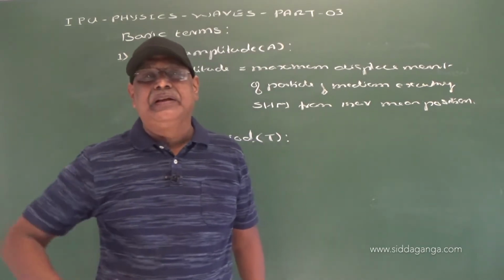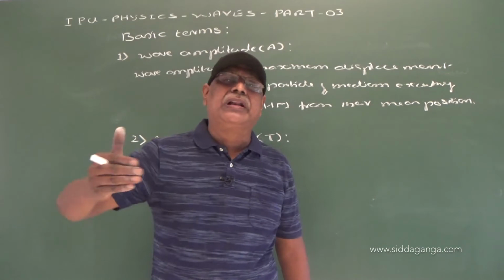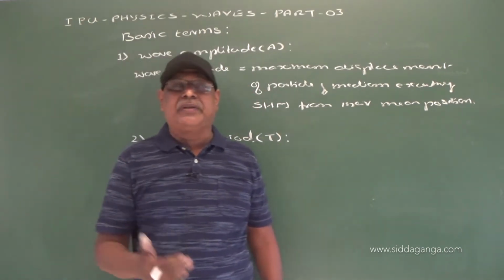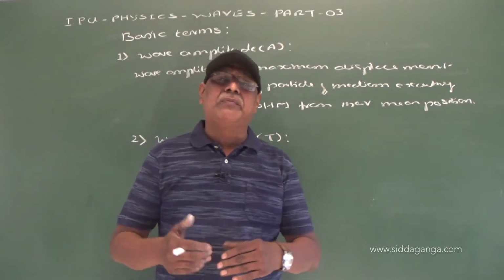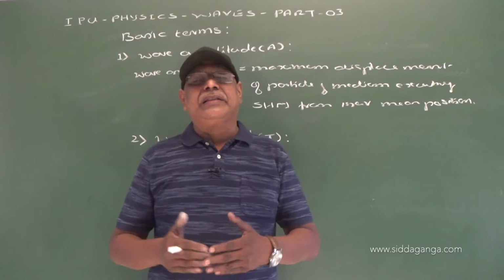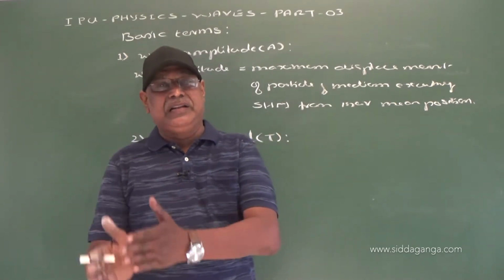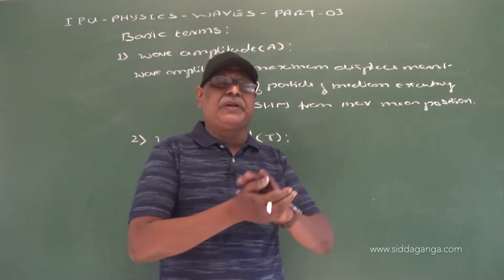Generally here, the frequency of simple harmonic motion is higher. Therefore, generally we take vibration. If the frequency of simple harmonic motion is low, then we call it oscillation, like oscillation of a simple pendulum, oscillation of a loaded spring.